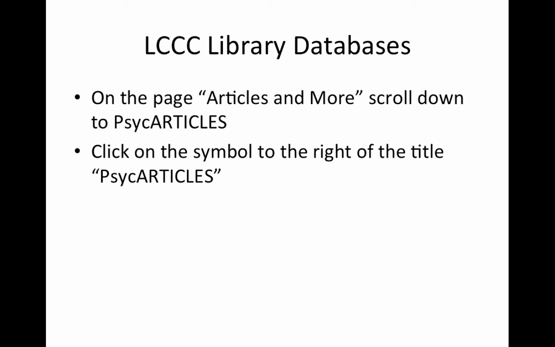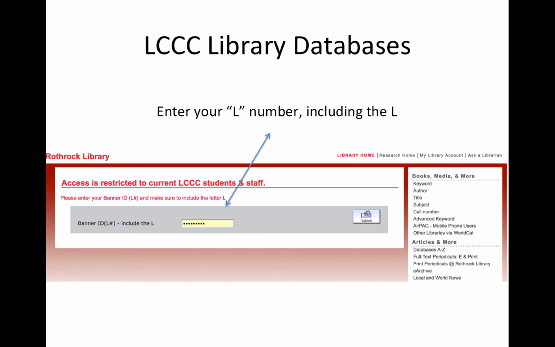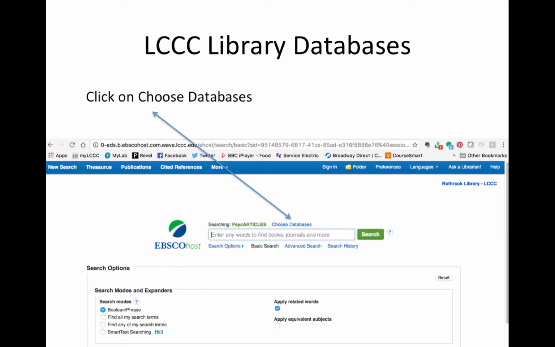Click on the symbol to the right of the title, Psych Articles. On the next page, you will need to enter your LCCC student number. This is your L number, and be aware that you need to include the L. Then click Submit.